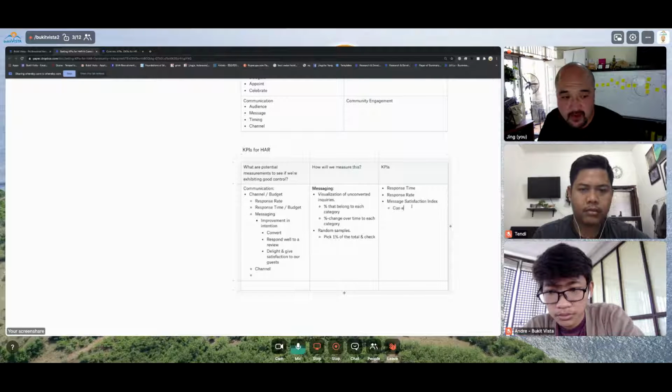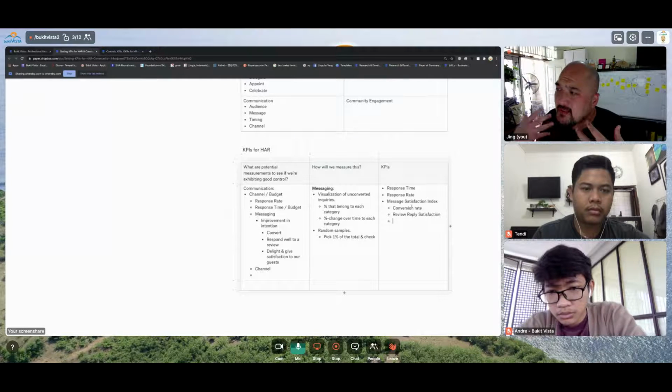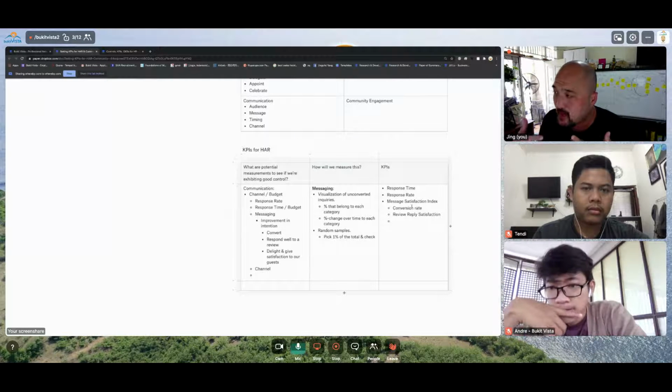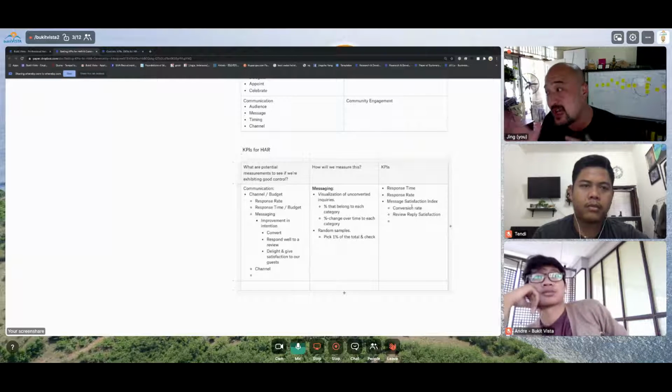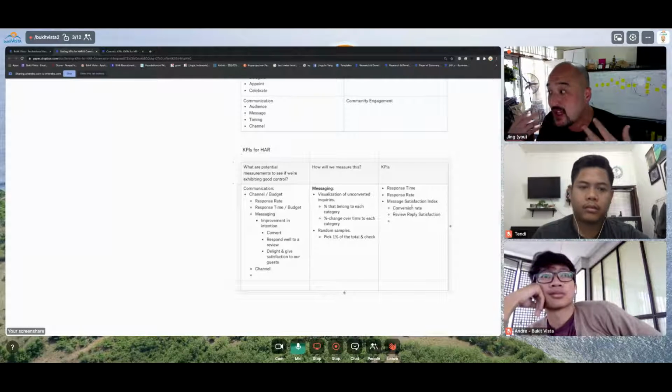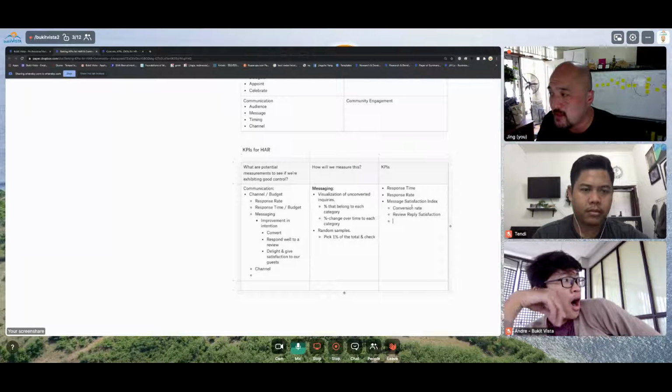This can be conversions, review reply rate, review reply satisfaction, whatever you want. You're going to have to think more deeply about how you actually get this to work, and this is why I said it's a project. We don't need to have all the answers today, but we need to start thinking about what those measurements can be.